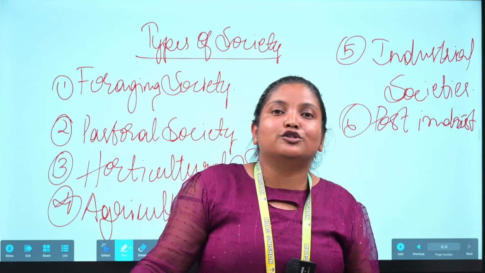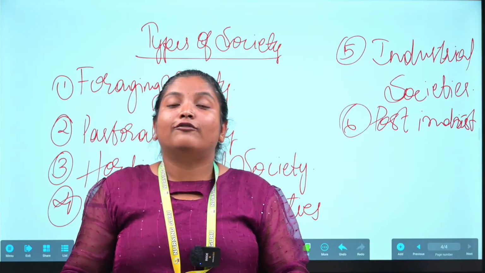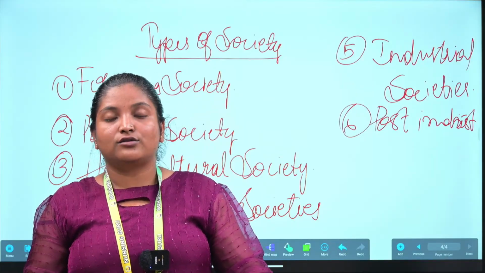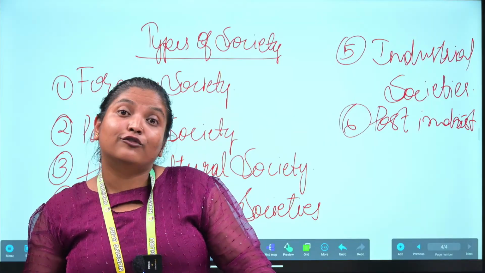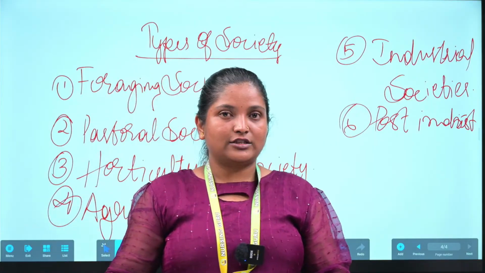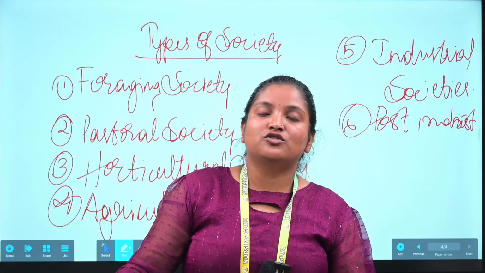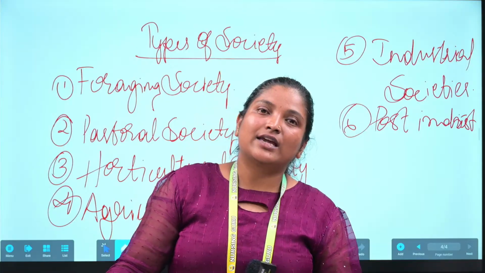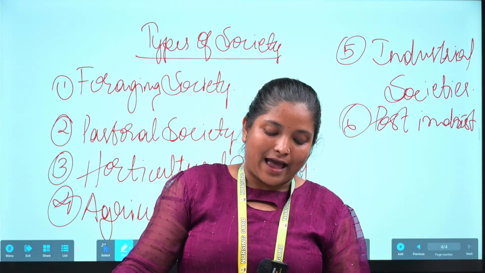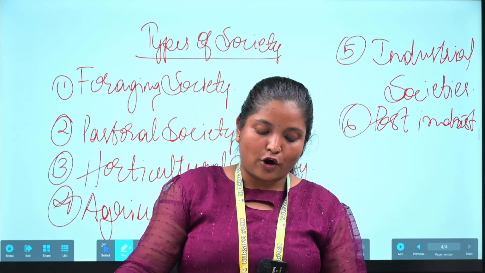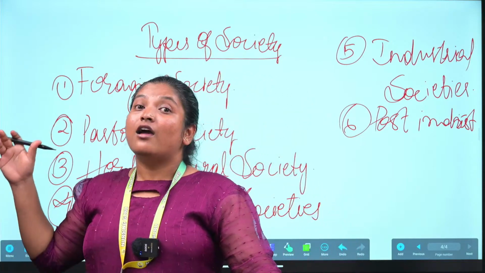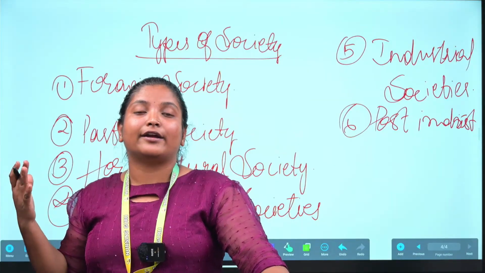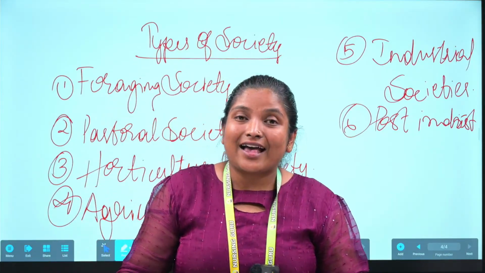And for permanent food, they would rear animals. They take care of the animals for their food purpose also. That kind of society we call pastoral society. We can see this kind of society in Somalia, Ethiopia and North African countries. Certain groups are there, you people have seen them on YouTube and so on.